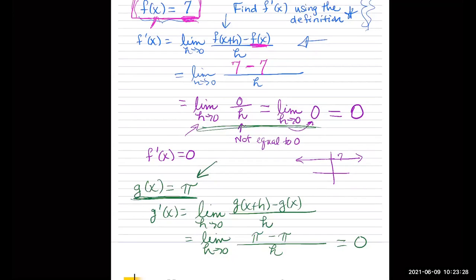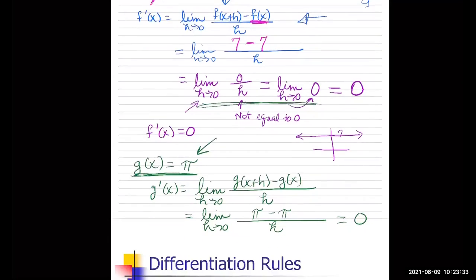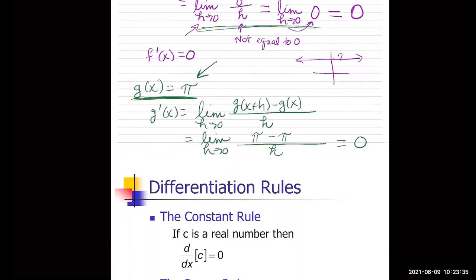So we're going to extend that to be a rule or a formula that says that if we take the derivative of a constant, so this c that you see here, the derivative of any constant with respect to x is 0. So using this notation up above, we took the derivative of 7 and we got 0.